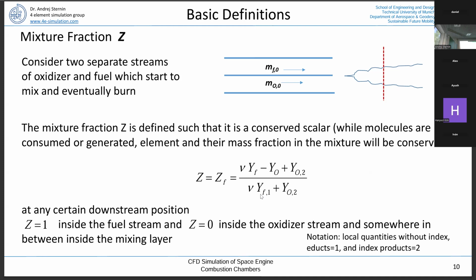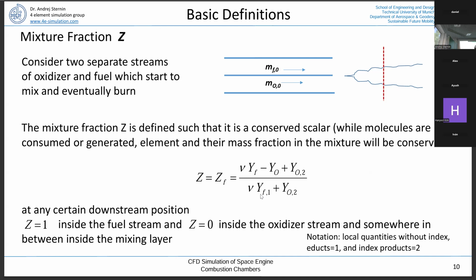Now we go to a certain condition where we have sufficient conditions to initiate the chemical reaction, and then we start what we call a sort of mixing layer, and then we have a chemical reaction, and the reaction is spreading.